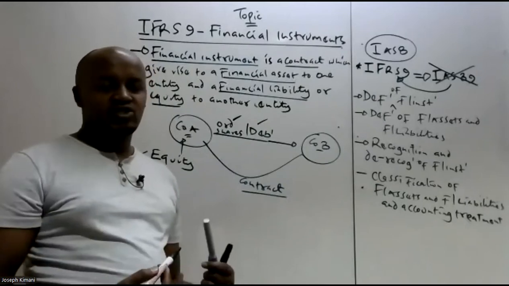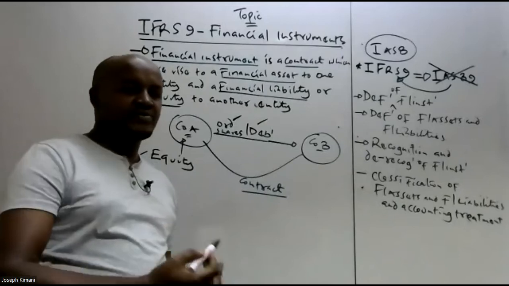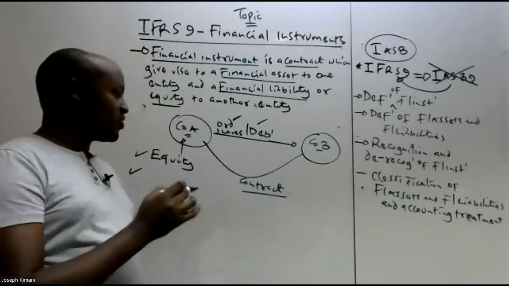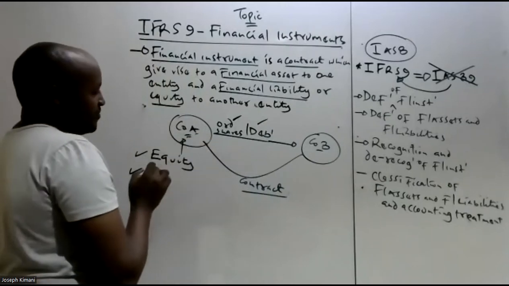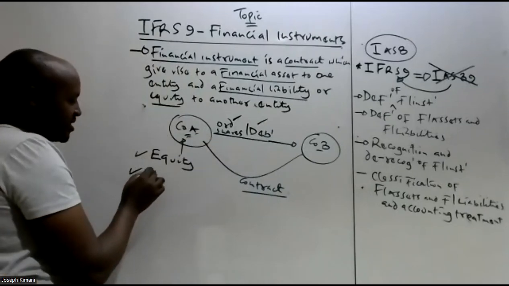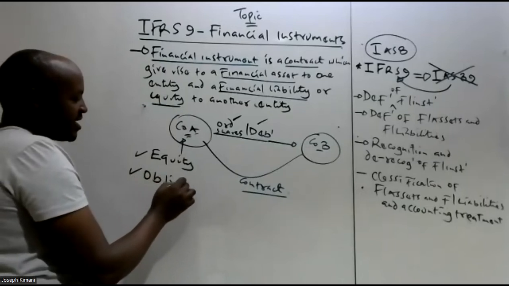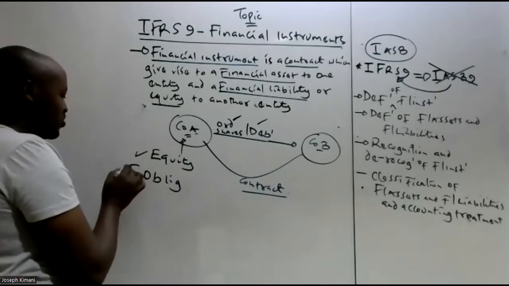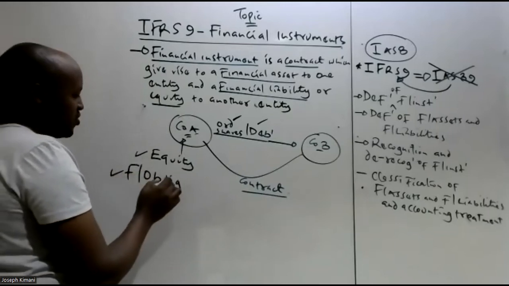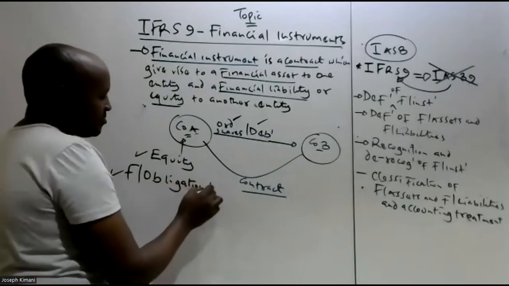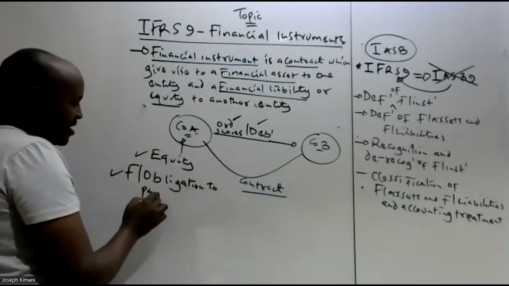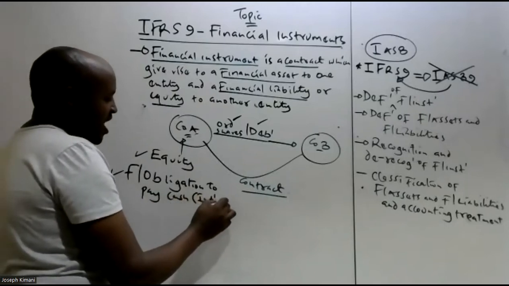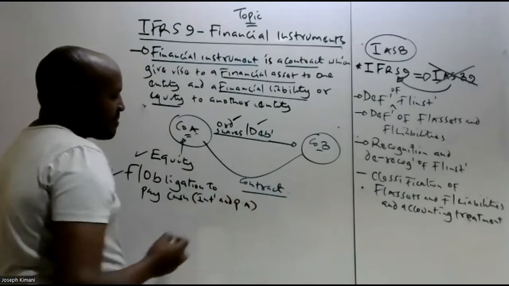The company which has issued those bonds or debentures, on the other hand, has an obligation to pay cash, which will be in form of interest and also in form of principal amount.